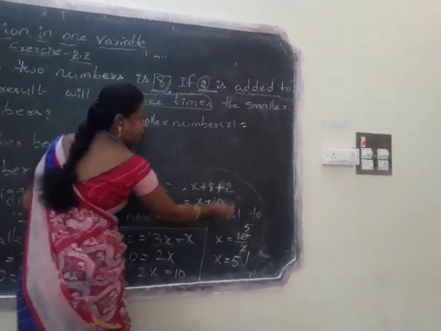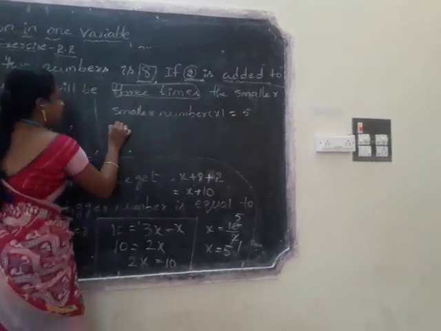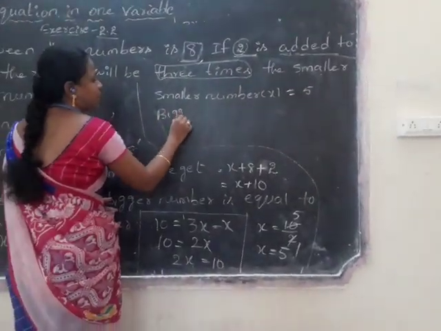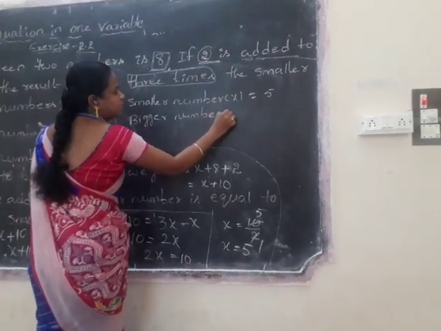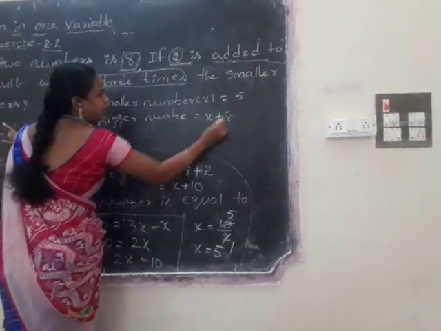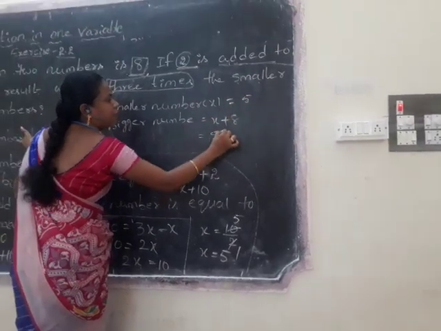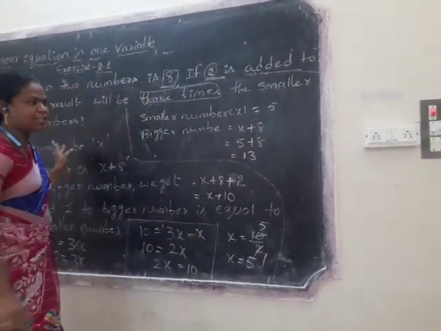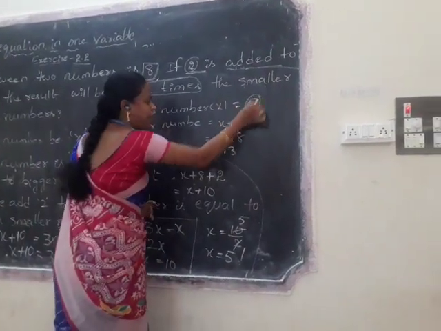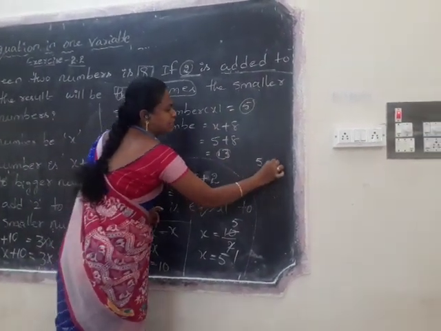Already the answer we get is 5. Next, the bigger number is x plus 8. Here x is 5, so 5 plus 8, 13. Okay students? Smaller number 5, bigger number 13.